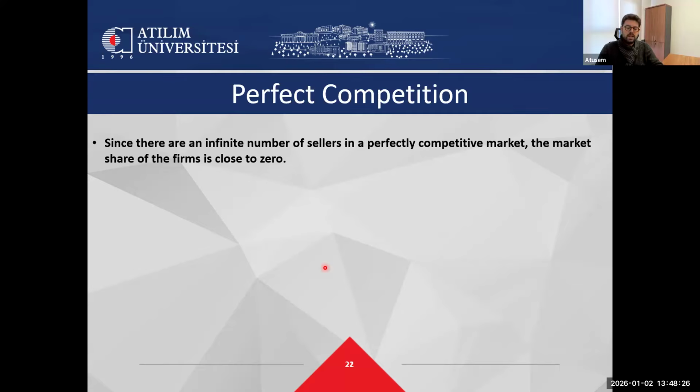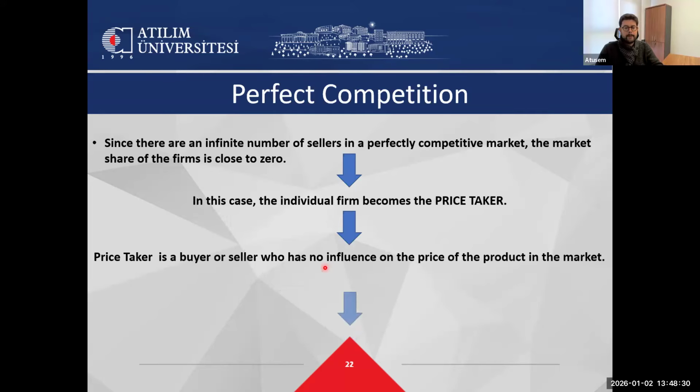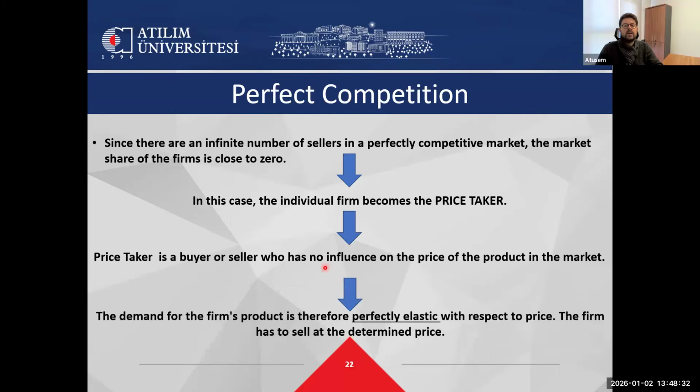That's why when we look at the elasticity of the demand curve in perfect competition, it is perfectly elastic. So nobody can influence the price determined in the market. So everyone can accept that price.